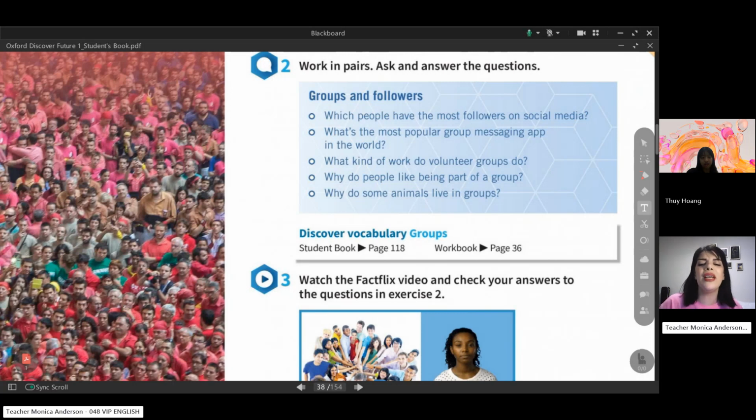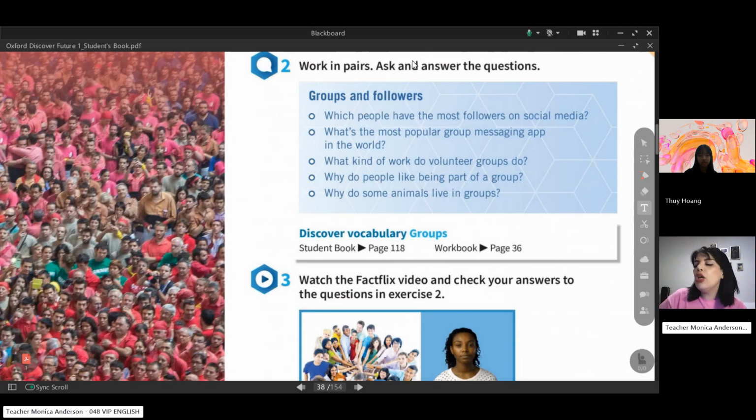Do you know the meaning of volunteer? No. For example, when you are volunteer or you do volunteer work, it means you do it freely. I say, okay, for example, I can fix it. I can do this. I am willing. I want to do it freely. It means I am volunteer.